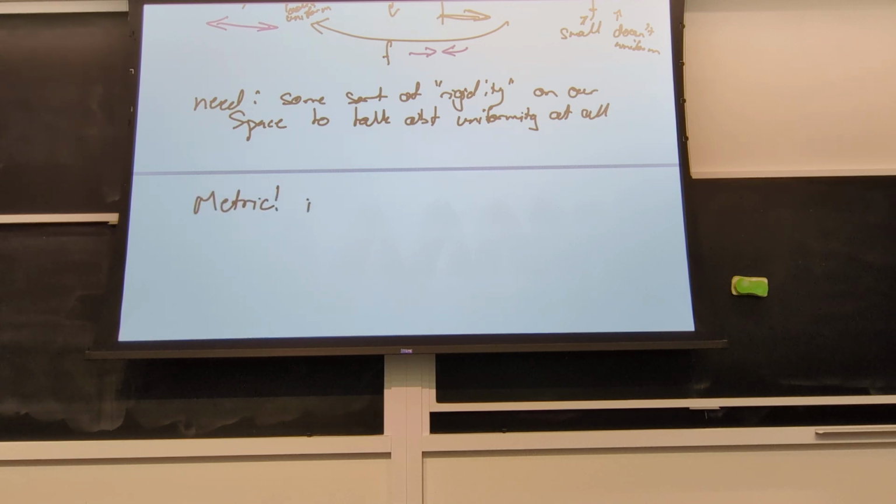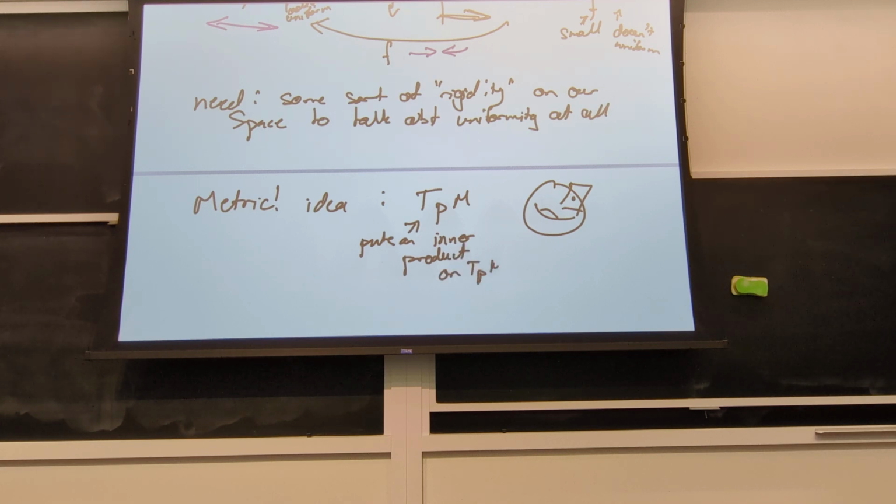Okay, so the idea of a metric is that you have your tangent space at every point. So you have your manifold, whatever it is, you have a tangent space. And what this does is it puts in a product on T_pM for every p, which is smooth.